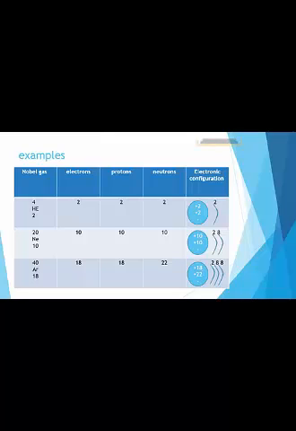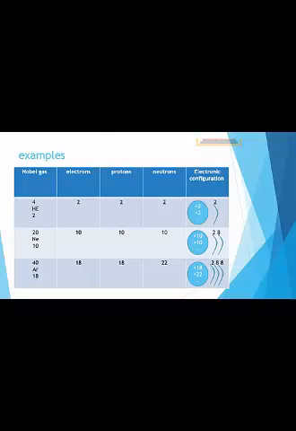Helium contains 2 electrons, 2 protons and 2 neutrons. So it is completely filled with electrons, and this is a special case, completely filled with 2 electrons in the first energy level K. A second example, neon 10, 20, contains 10 electrons, 10 protons, 10 neutrons.